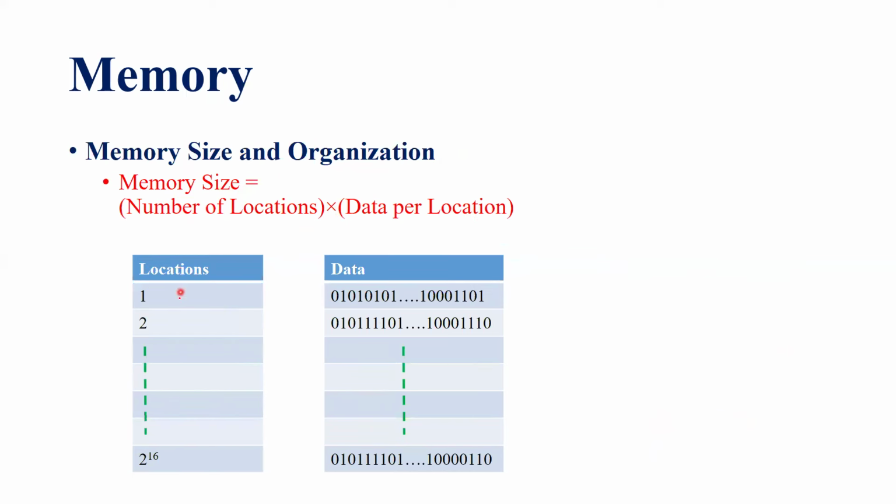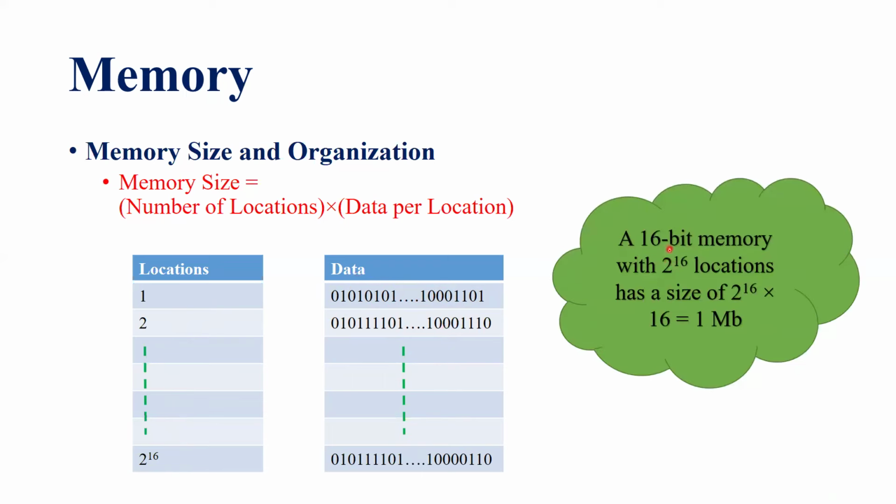So if I have a total of 2 to the power 16 locations, and in each location you have a specific word stored, let's say 2 bytes or 4 bytes. In this case there are 2 bytes. This 1 byte is 8 bits, and this 1 byte is 8 bits. So in each location you have 2 bytes stored, or 16-bit data stored. So you can say this is a 16-bit memory.